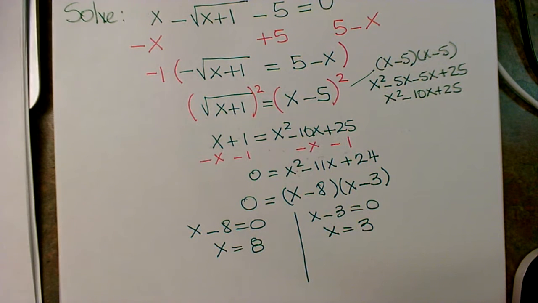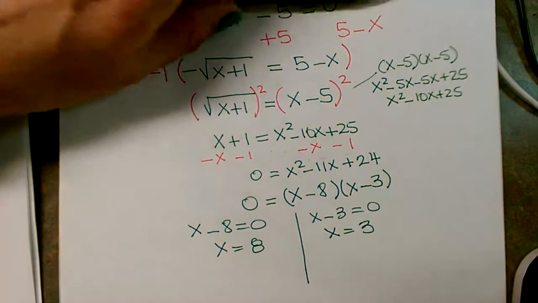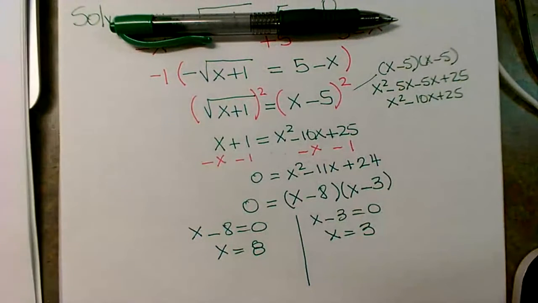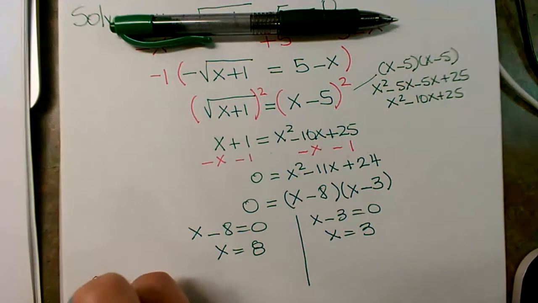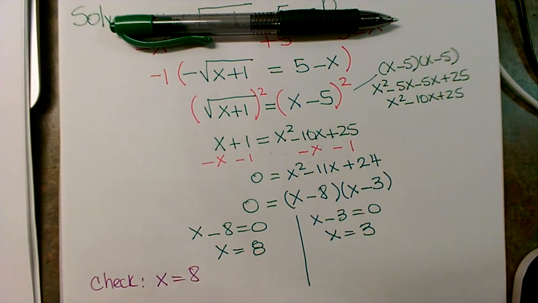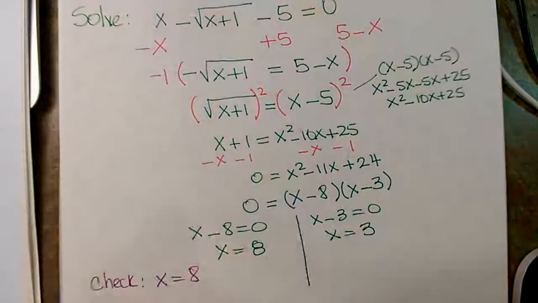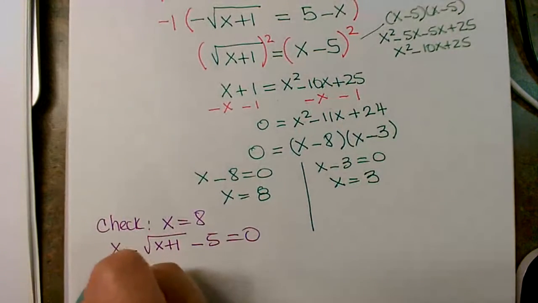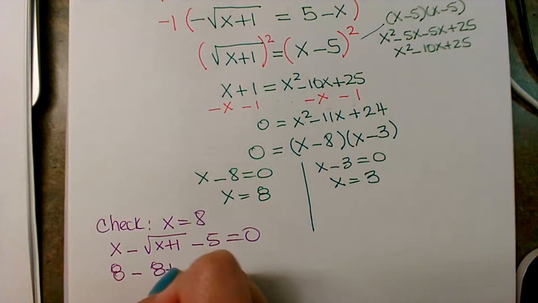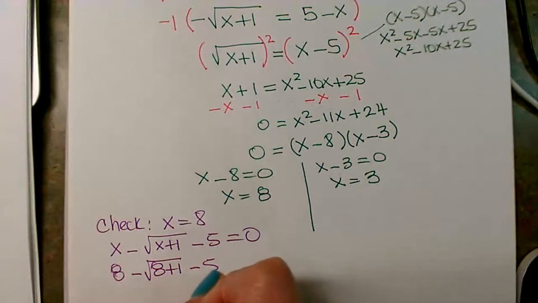So let's do that. I'm going to check with this one first. We have 8 minus 8 plus 1.